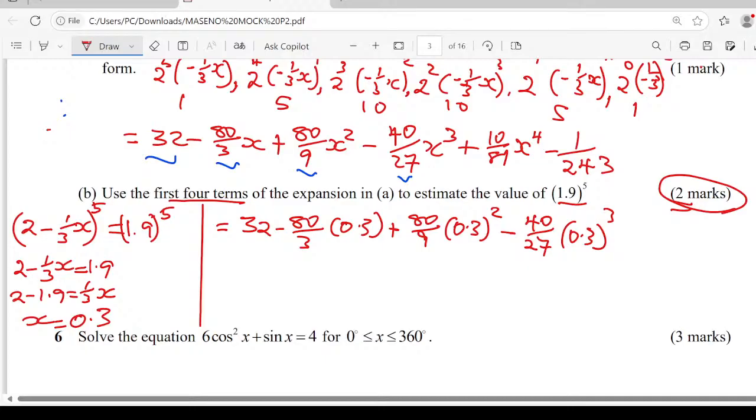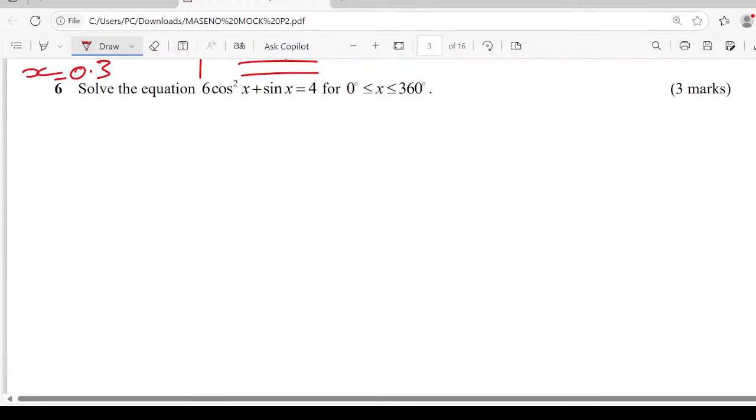Then you can just key in your calculator directly. When you key in your calculator, you should be able to get 24.76 as your answer.